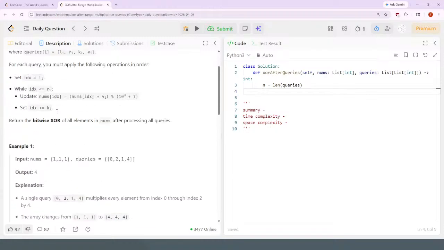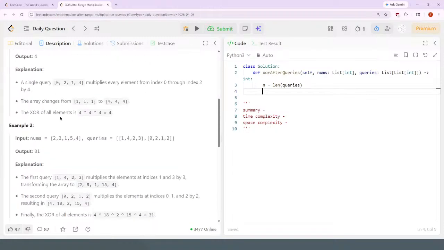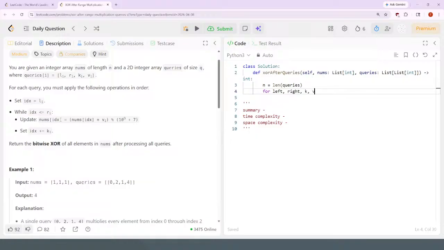I think I can do a for each loop for the query loop. So for every left, right, K, and V in queries, and then I'll do for index in range of left to right incremented by K. I think it'll be left to right plus 1, since it's inclusive.